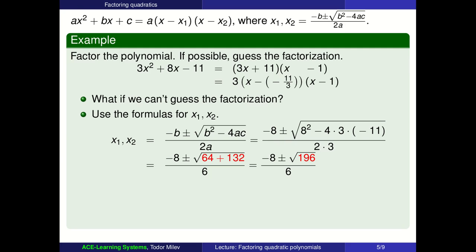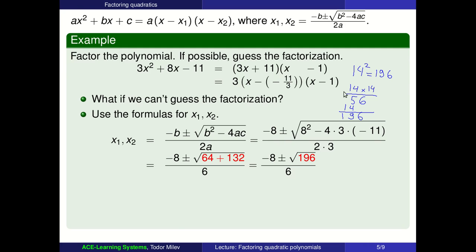Now we have radical of 196. You recall that 14 squared is equal to 196, right? Because 14 times 14 equals, well, let's see, 4 times 4 is 16, write 6, carry 1, 4 times 1 plus 1 is 5, and then we write 14 here, we add, and we get 196. So 14 times 14 is 196.